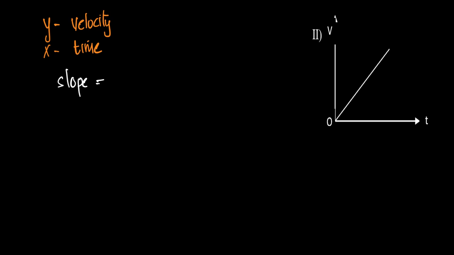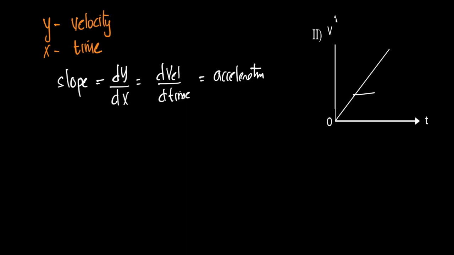Slope of the tangent will be equal to the change in y-axis by change in x-axis, which here is change in velocity by change in time. Now what is change in velocity by time equal to? It is equal to acceleration. So if you take the slope of the graph here, it will be equal to acceleration.